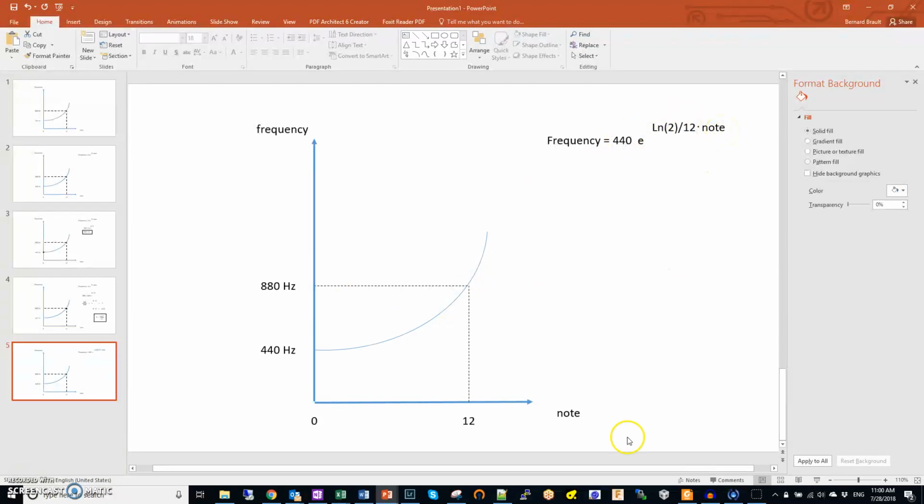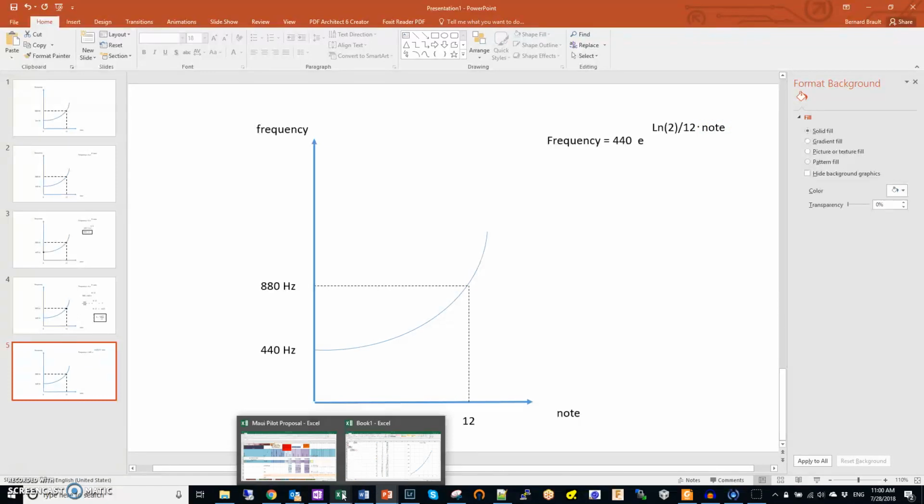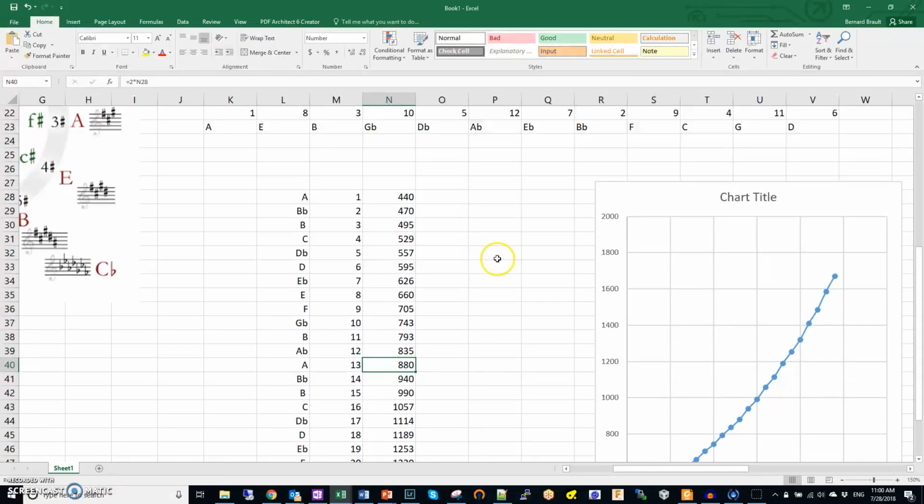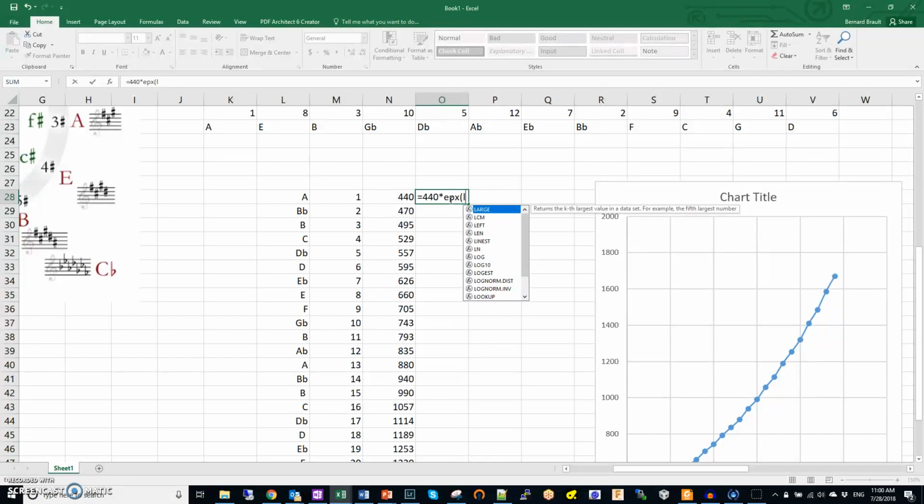So let's take this and go back to our Excel spreadsheet and see what the frequencies would be. I'm going to put the formula in, and it's very simple. If you remember, it's equal to 440 times the exponent of natural log of 2 divided by 12 times the note, which is right here, minus 1.